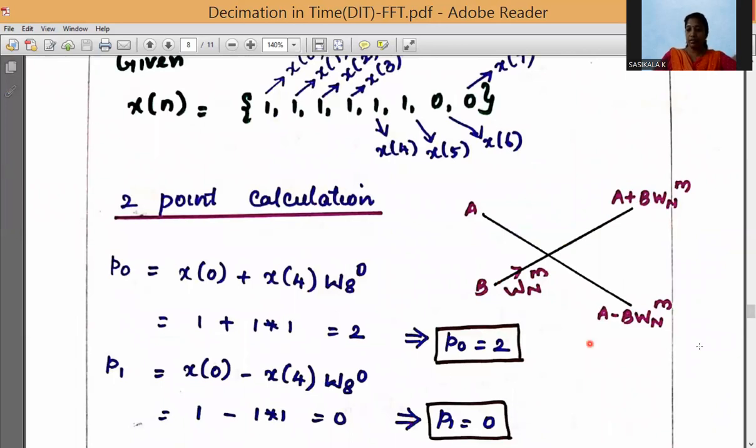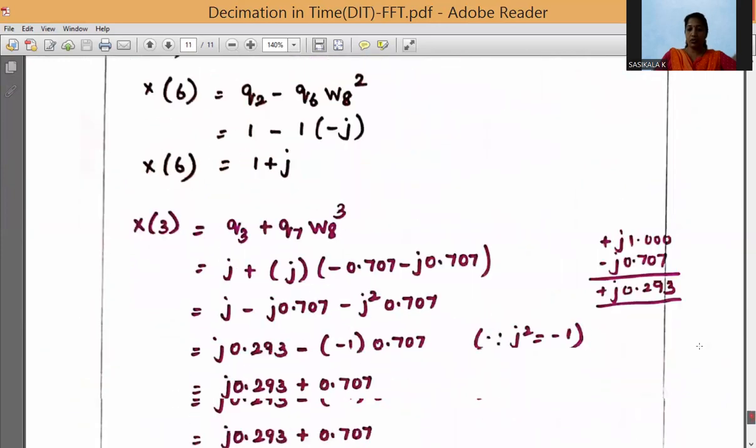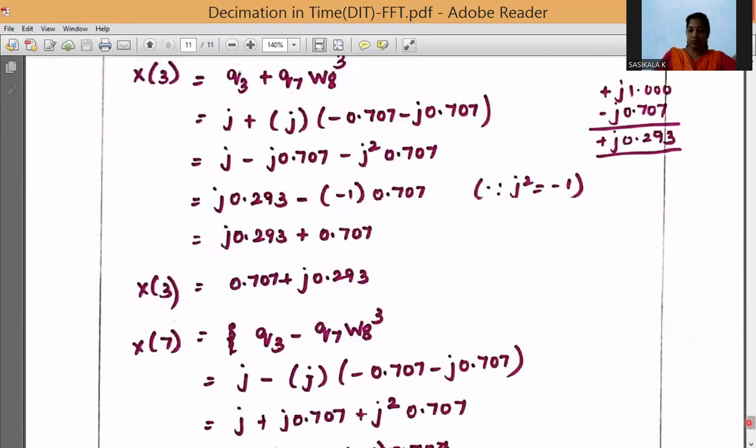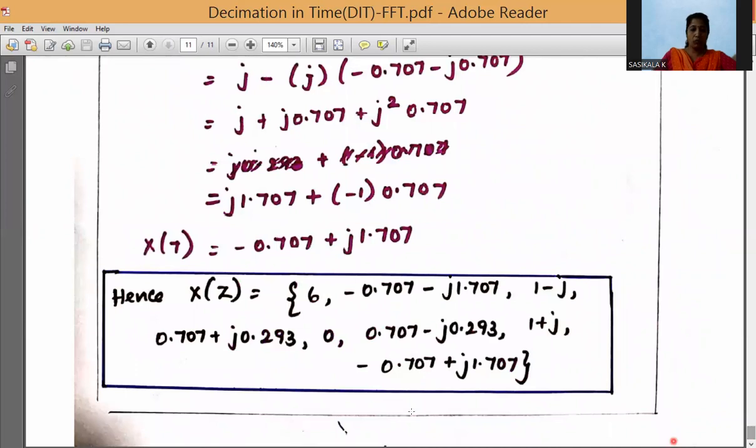Okay, so this is the output we have got. So you have to write the outputs like this.